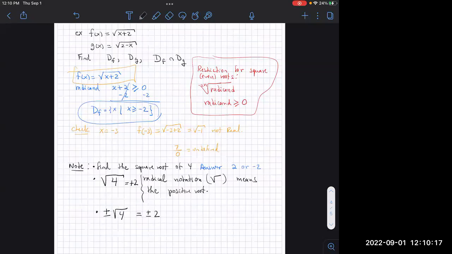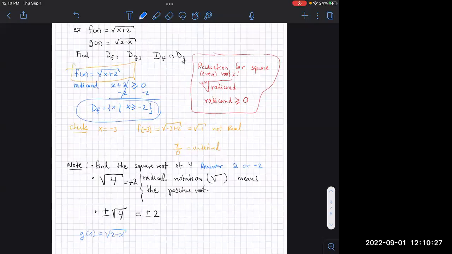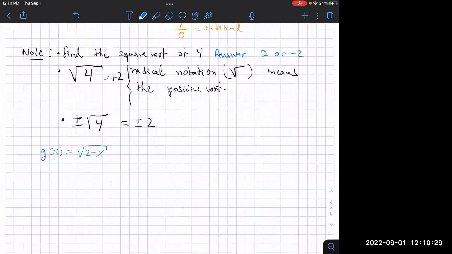Now let's find the domain of G. Since it's all the way up there, let's copy G of X, which is the square root of 2 minus X. What is the domain of G? Notice it is a square root. So what do we do when we have a square root?